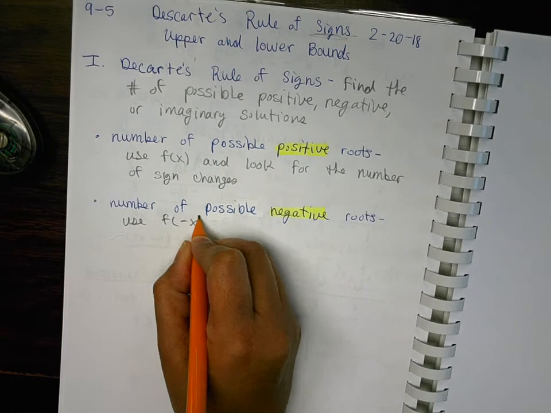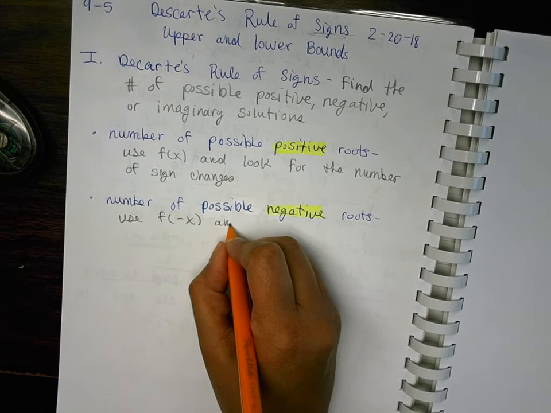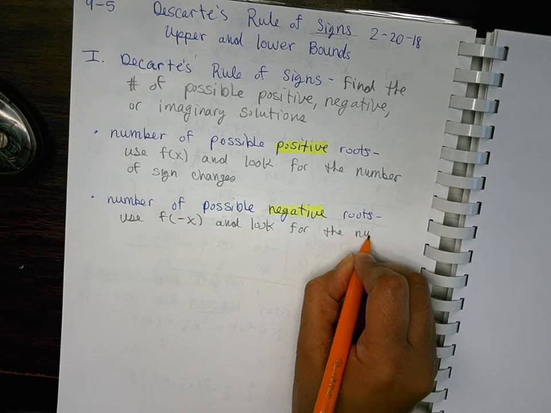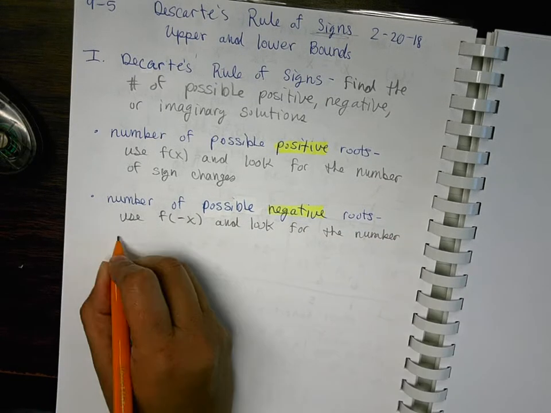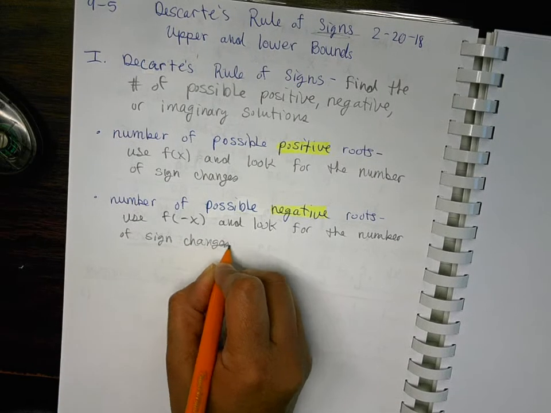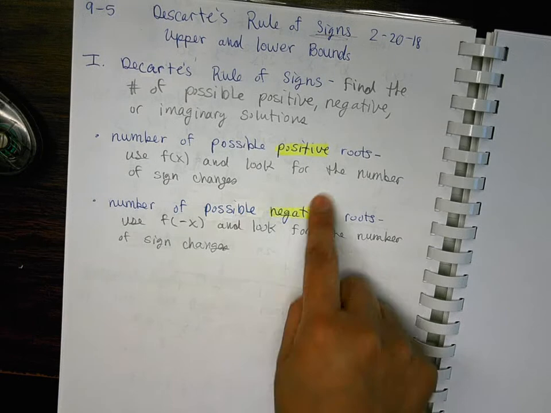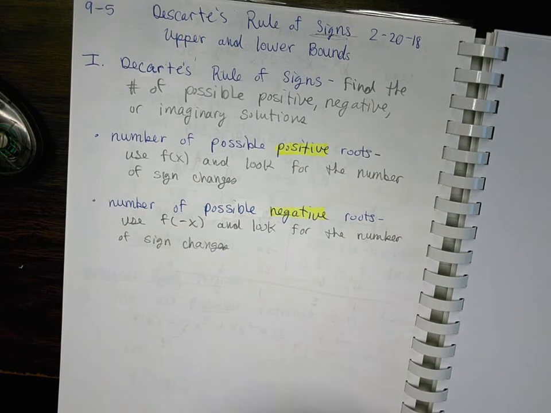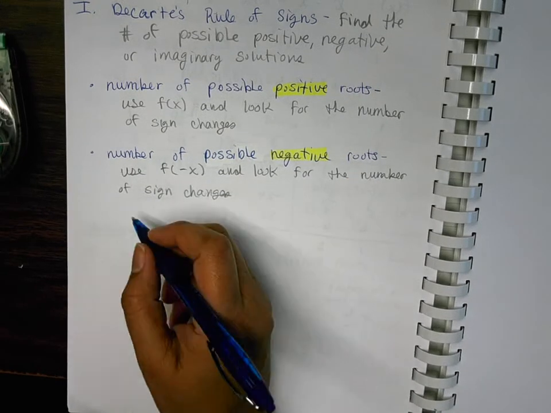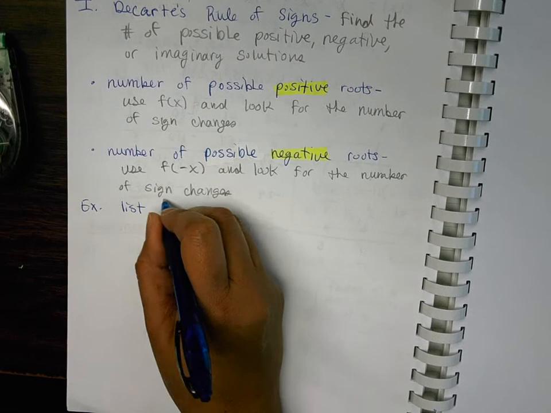F inverse? Good guess. Anyone else? We will use f of negative x, and same thing, look for the number of sign changes. Imaginary solutions kind of just work their way out from these two. Once these two are done, imaginary solutions work their way out, and we'll talk about it as we go.